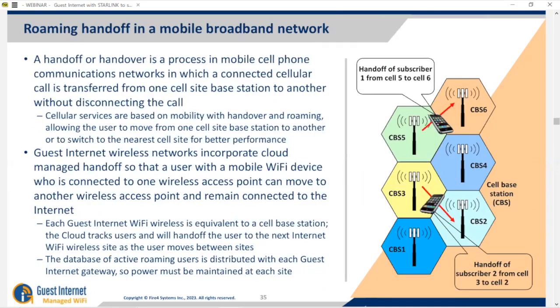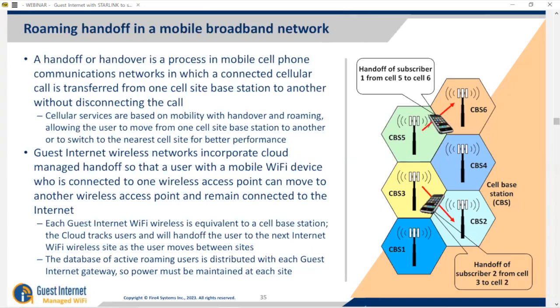The method that is used is a cellular handoff. And so each location, each guest internet gateway is a cell in a network. And so the cloud hands off the customer from one cell to the next. And so it keeps track.